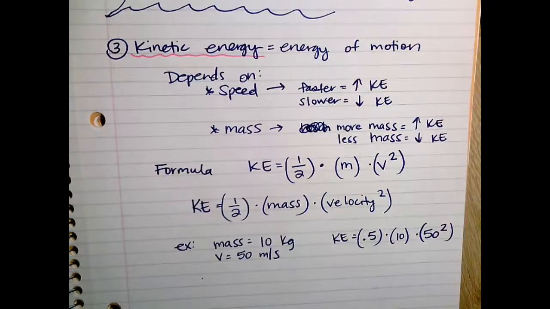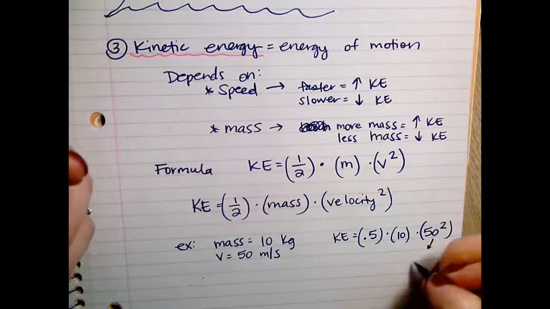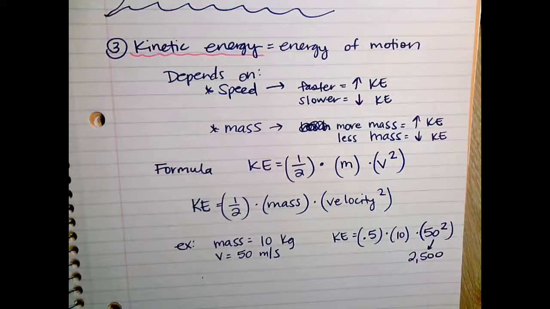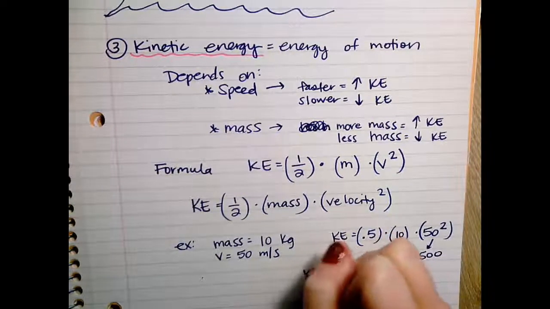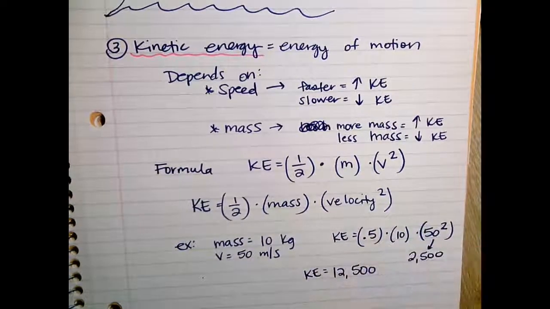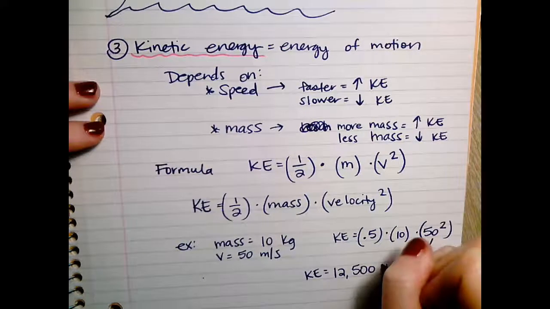So 50 squared is my first step. I know that's 2,500. So I would do the 2,500 times 10 times the 0.5. So my kinetic energy equals 12,500. And the unit that we use is the unit for energy in general, which would be joules.